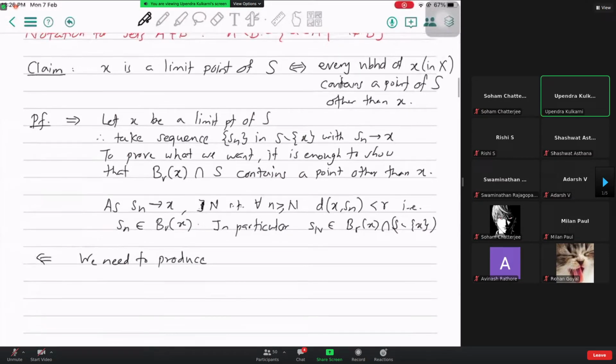So we need to produce a sequence Sn in... Okay, so this is a bad notation. Why is this a bad notation? Even subset is not good because a sequence is not a set. Why is a sequence not a set? For two reasons.